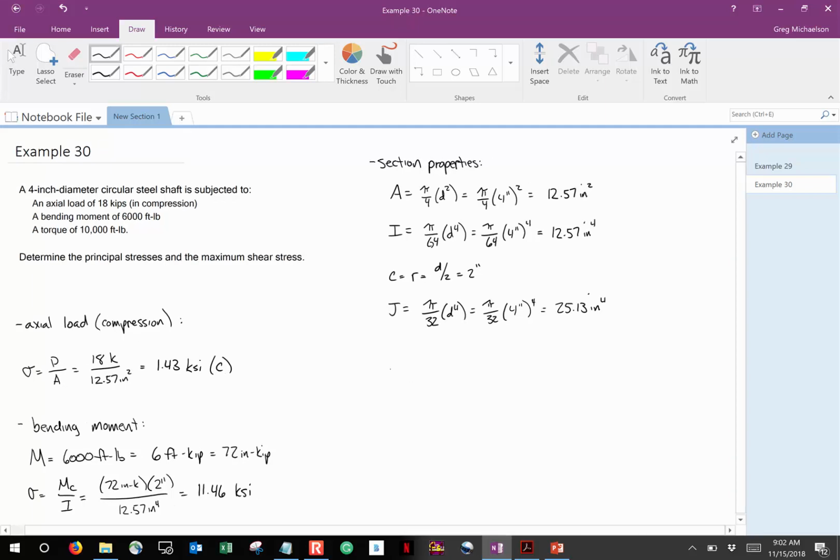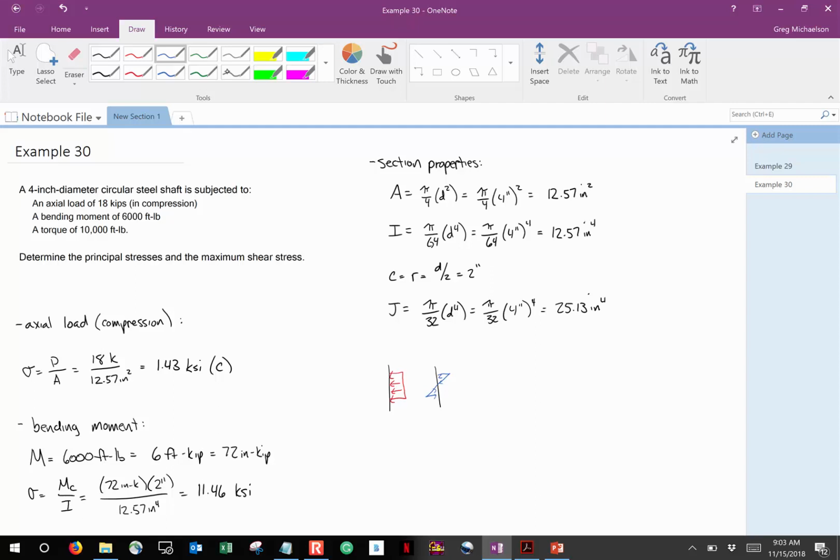Well, what do you think is the worst case scenario? Remember, here's the cross section, and it's seeing two stresses. It's seeing a uniform stress from the compressive load, and then it's also seeing a bending stress from the bending moment. So the worst case scenario would really be to add these stresses up, not to subtract them.